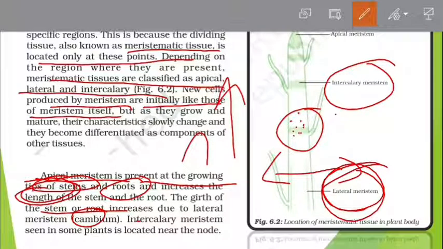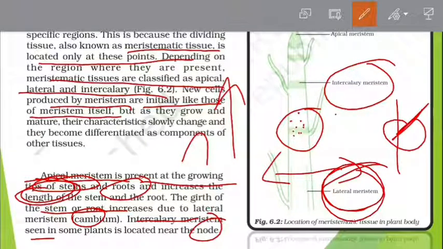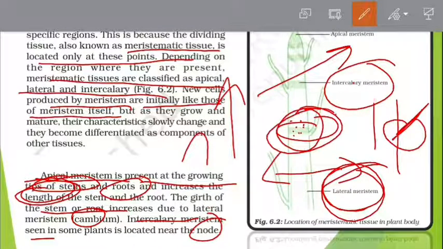The intercalary meristem is seen in some plants at the node. This location is called the node. Here you can see the intercalary meristem is present, which is a backup option. If the apical meristem is cut by grazing animals, then this intercalary meristem will grow and increase the length.